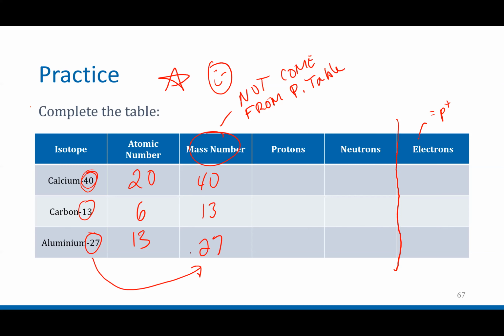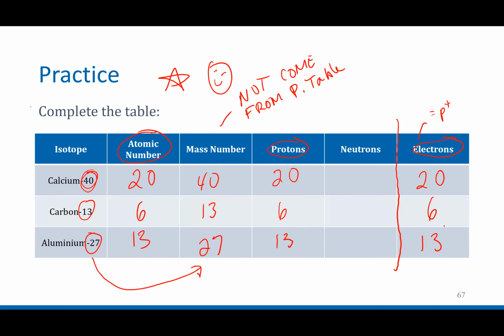Now, to find protons, this is pretty easy because protons are equal to the atomic number. So 26, 13. And while we're at it, why not do electrons? So guys, the three things I have circled right now, atomic number, protons, and electrons, are all the exact same number.